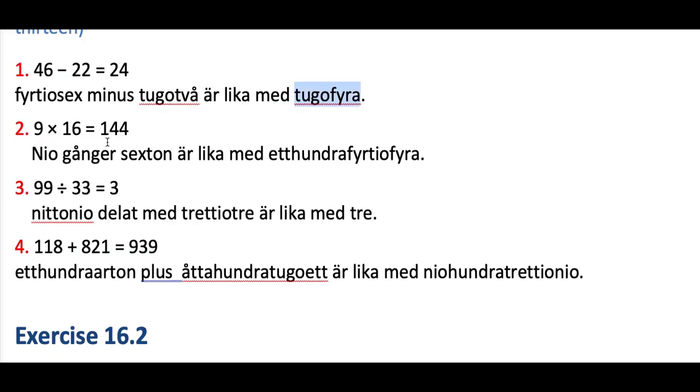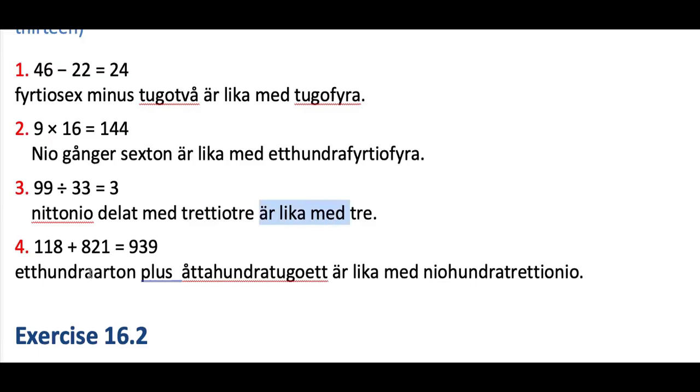Neo gonger, 9 multiply 6 ton, or likamid are equal to Etundra 40 fira, 144. Nitinio delat mid, 99 divided by 33. 33 are likamid 3.